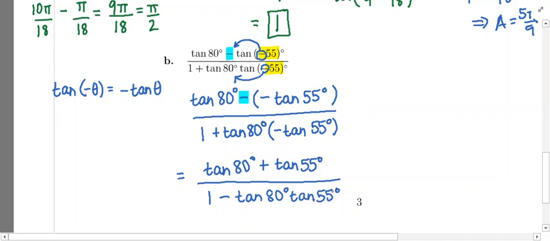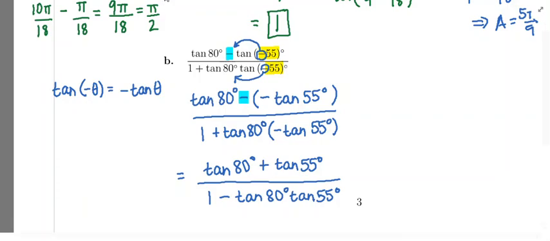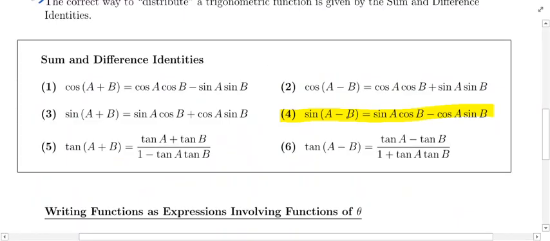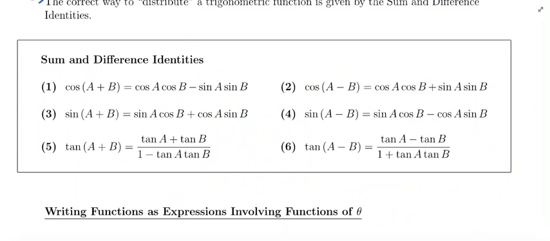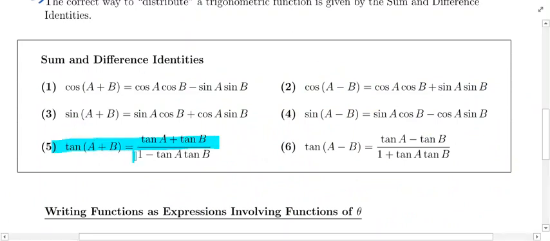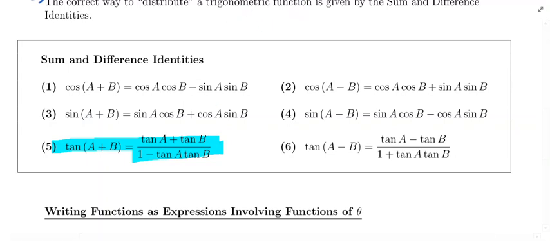We can match this up with one of the identities for tangent. We are adding in the numerator and subtracting in the denominator, so if we go back to page 1, this is going to match up with identity number 5, where we are adding in the numerator and subtracting in the denominator. Let's jot that down.